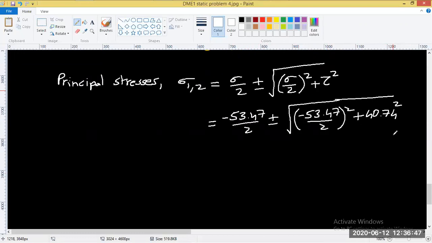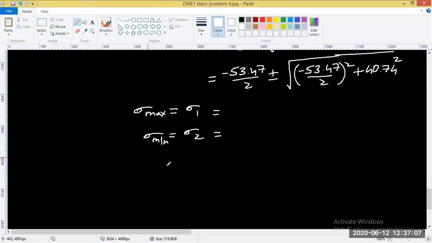Okay, so you guys can start calculating this and find the value of sigma 1 and sigma 2, which is giving us directly the maximum and minimum stress values. And one more value is the shear stress, tau max. Tau max is the maximum shear stress.